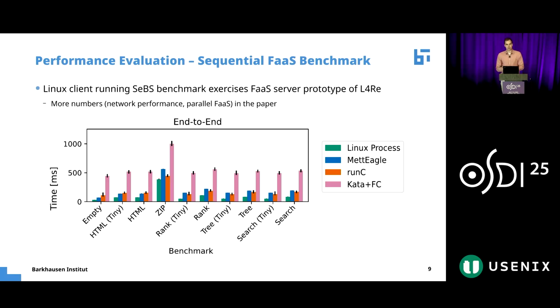And the only exception where L4E performs a bit worse is the file compression benchmark, and this is due to the unoptimized in-memory file system that we had to use in order to run them. And it's also noteworthy that in all cases we are considerably faster than a serverless runtime which relies on Firecracker or lightweight virtual machines in order to isolate the Python scripts running on it.